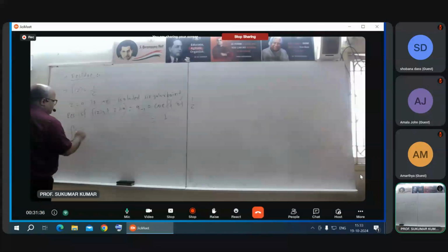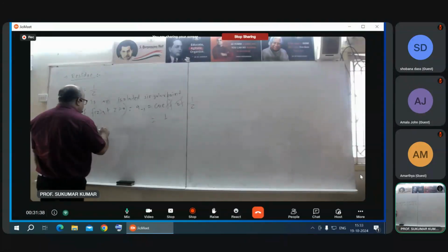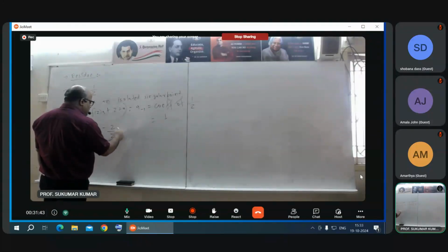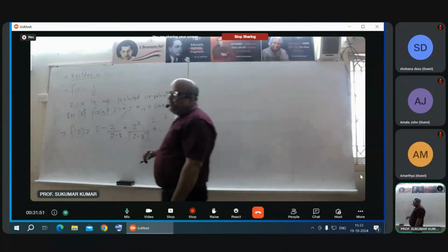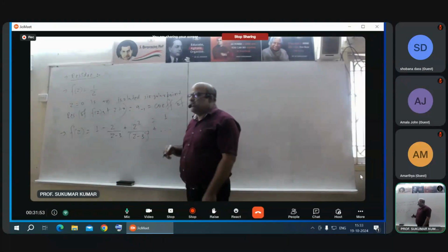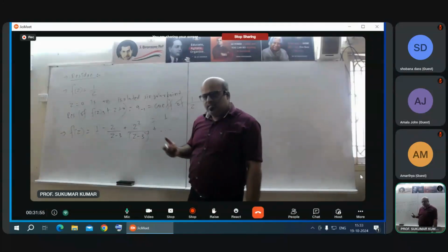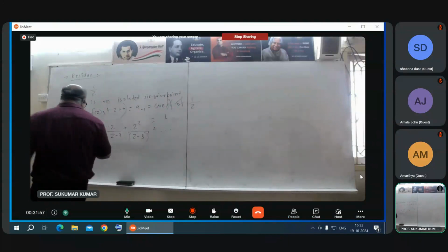Suppose I give 2 by (z minus anything), 3 plus 2 square by (z minus 3) whole square, like that going on. What is the residue at the singular point? Minus 2.